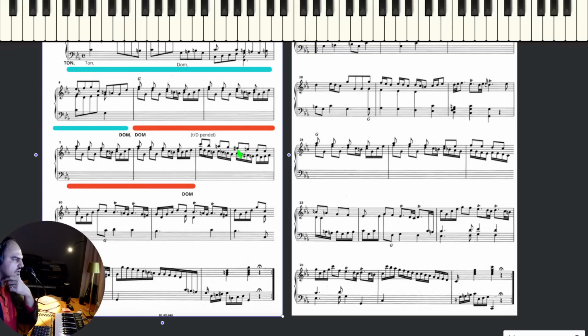It is clear that he is going to G minor. So this C minor here is a subdominant of G minor.